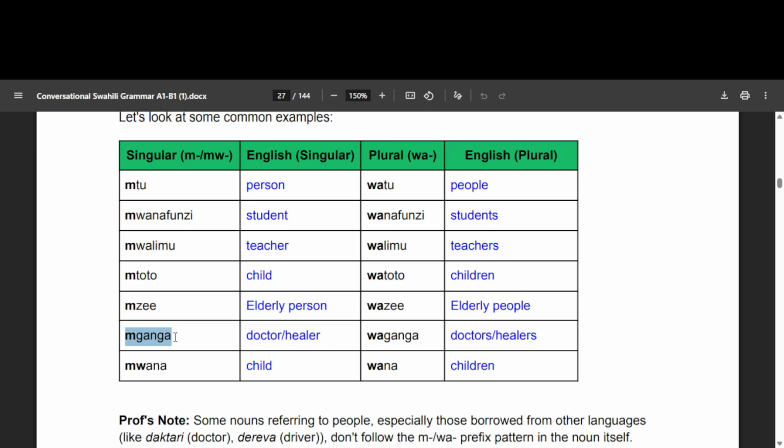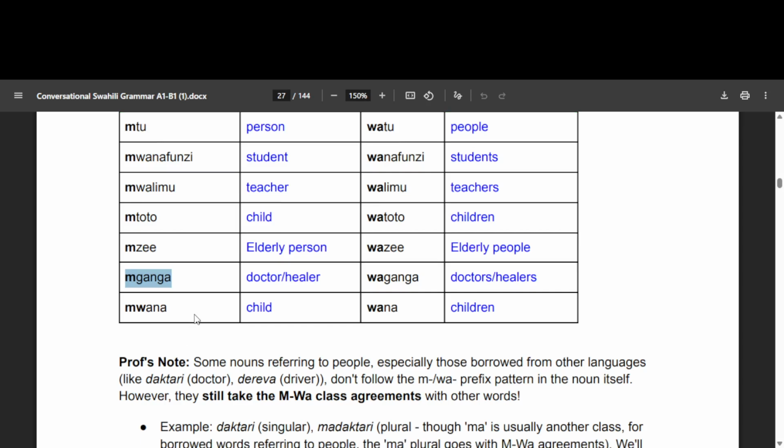Traditionally people go to this kind of person for treatment. They use the mitishamba medicine from natural trees. So we say mganga. Mwana is a child, though the word is not very common, mwana.